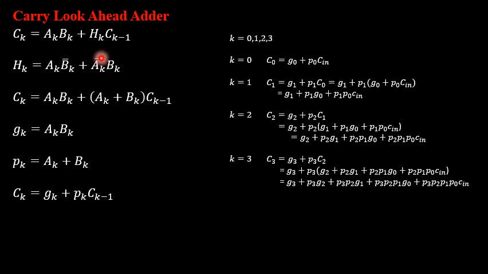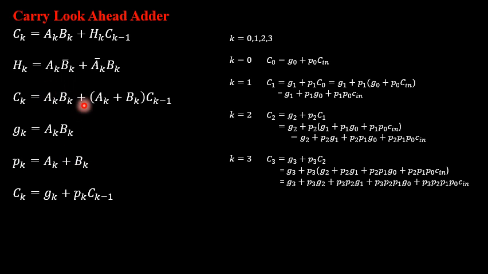So here the Hk value, that is the XOR value, I have replaced in terms of Ak plus Bk. From this expression, I can take Ak Bk, that is the dot product, which is called the generate value, and Pk is called the propagate value, which is written in terms of an OR gate, that is the plus sign.